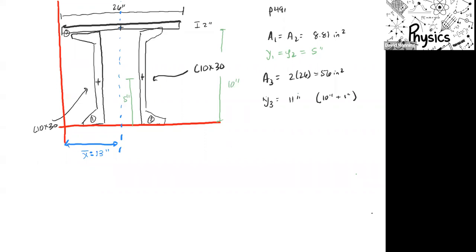So then when we go to do y bar equals 8.81 times 5 plus 8.81 times 5 plus 56 times 11 over 8.81 plus 8.81 plus 56.